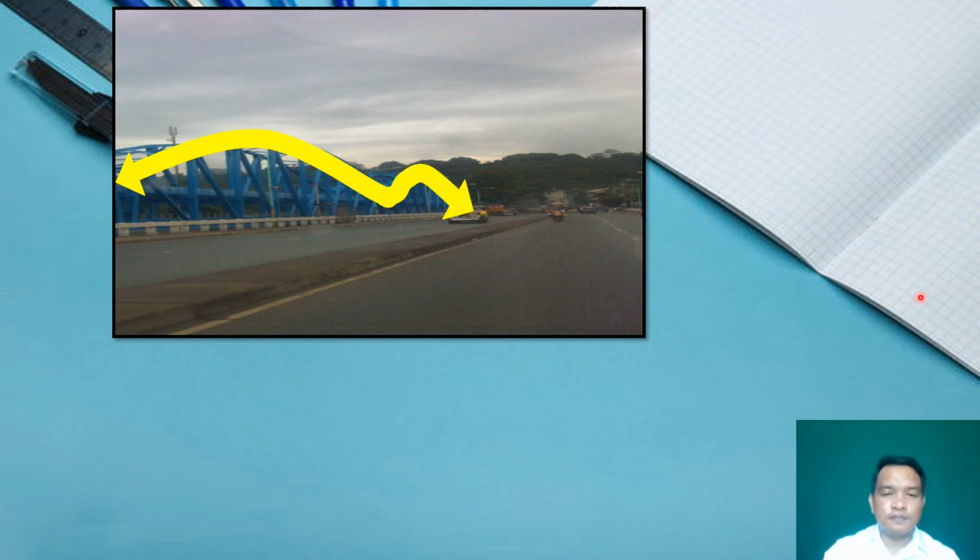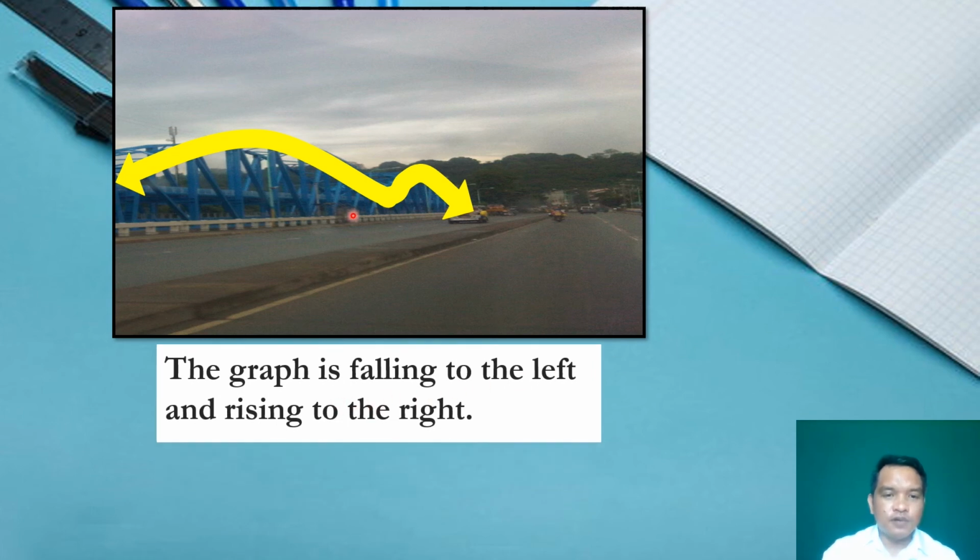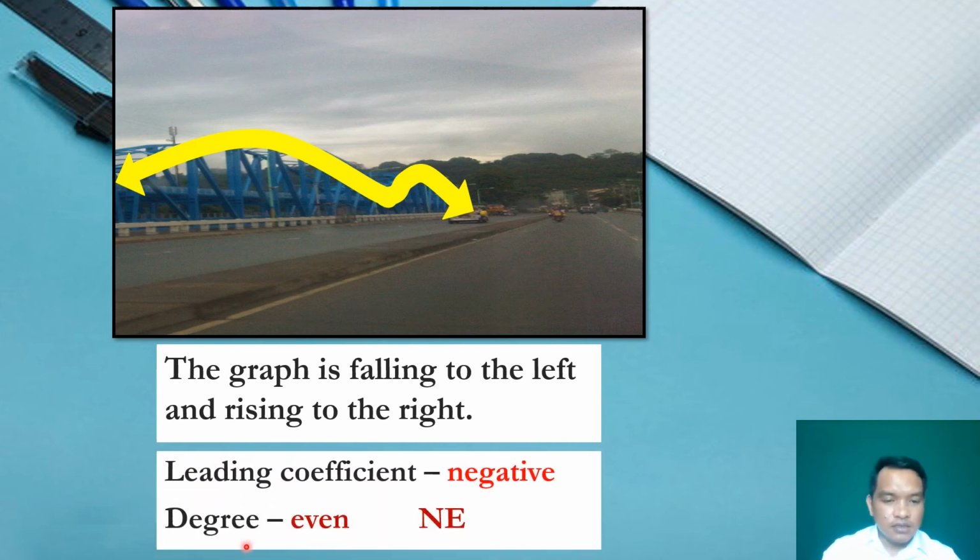So the graph is falling to the left and also falling to the right. So pag falling to the right, ang leading coefficient is always negative. And since they are both falling left and right, ang degree natin ay even. So again, if the same end behavior, it's either falling, falling, or rising, rising, ang degree natin doon is even.